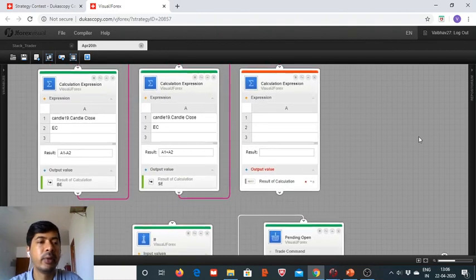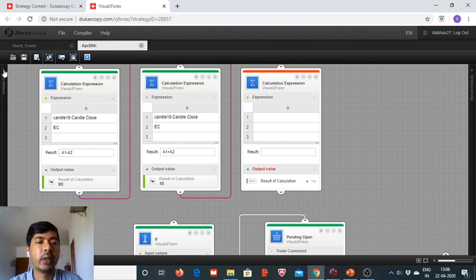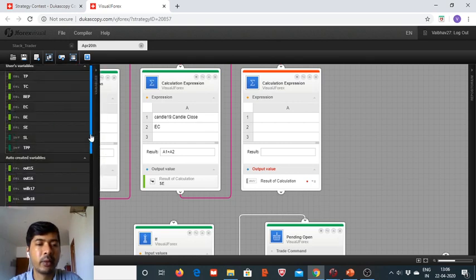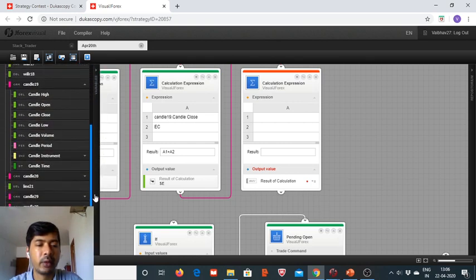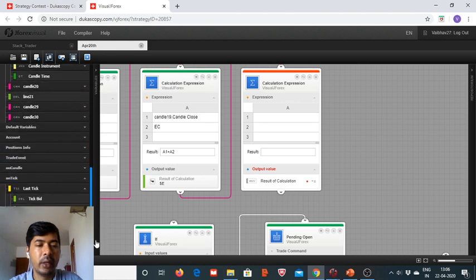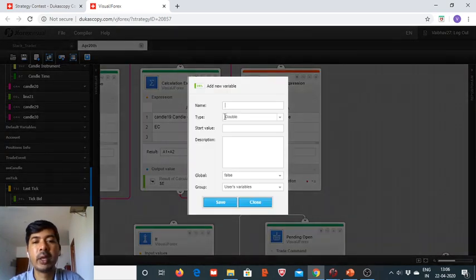And here we need to take the last tick time, then we create a new variable, and the new variable will be named as tt, and we put in the value 3.6 million.